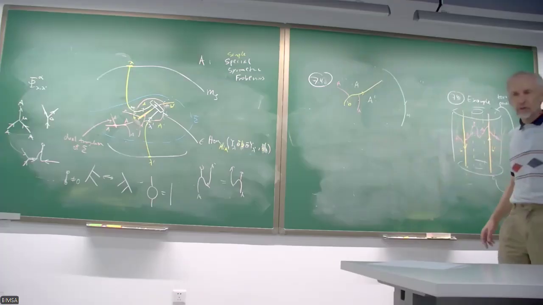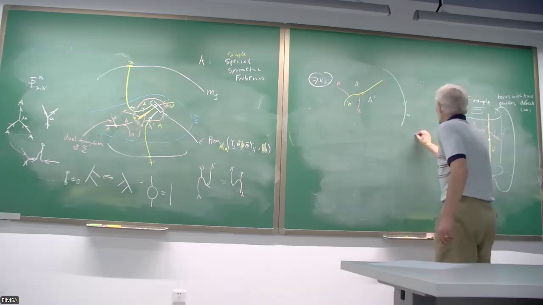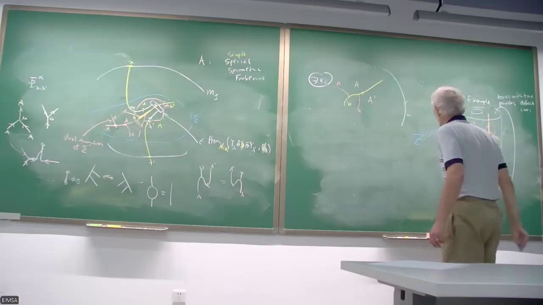So if I now expand this again in the basis of characters for the inner and outer boundary torus, this will give me some set with labels B prime.